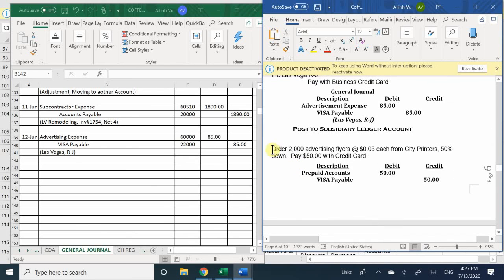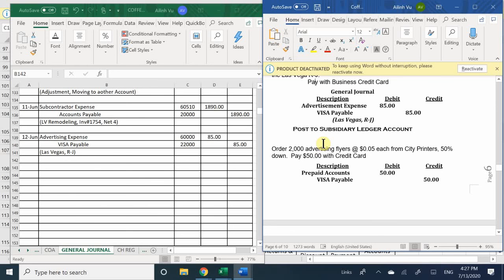Here we're going to order 2,000 advertising flyers at 5 cents each flyer from City Printers, and they required a 50% down payment. The whole thing is going to be $100 due, but right now we're going to pay with a business credit card. So for now, we're going to pay the down payment, $50 in advance with the business credit card.